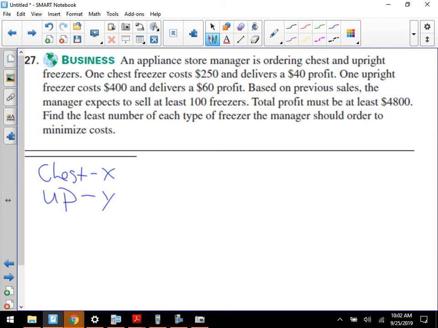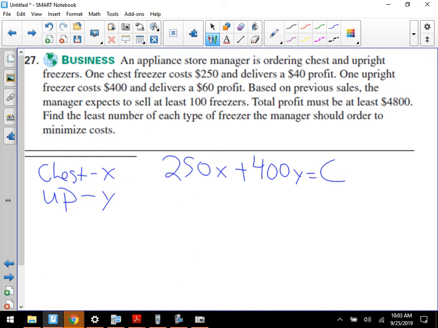What's the cost of the chest freezer? $250. So your $250 times chest freezer plus how much is the cost on the upright? $400. There's your objective. What were the two things it talked about now?